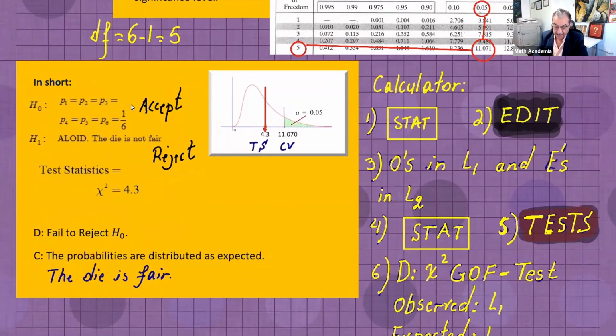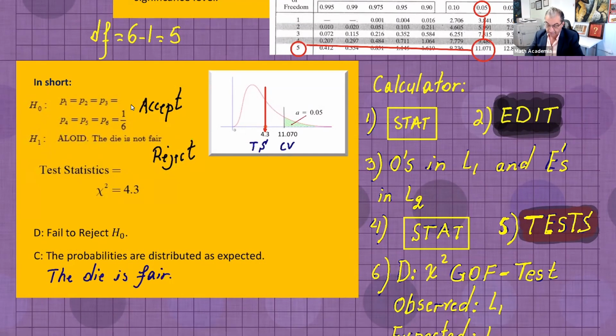When we fail to reject H0, we have enough evidence to accept that all the probabilities are the same and the die is fair. So the probabilities are distributed as expected. So we can say we have enough evidence to support the claim that the die is a fair die.